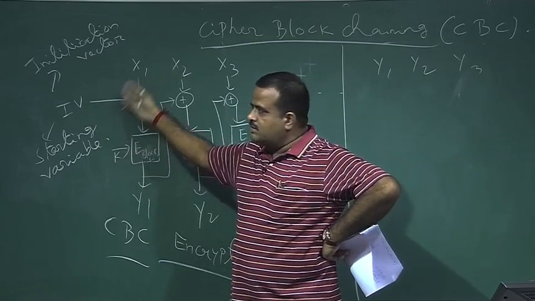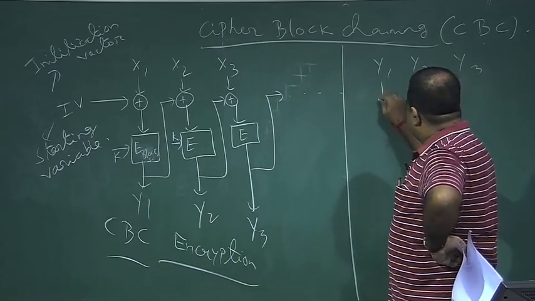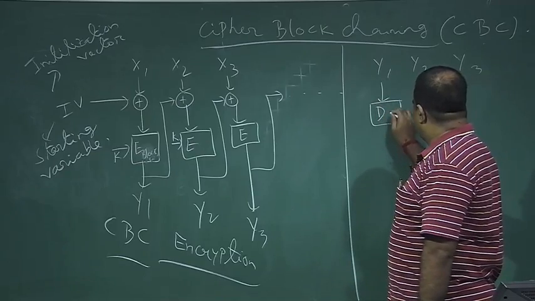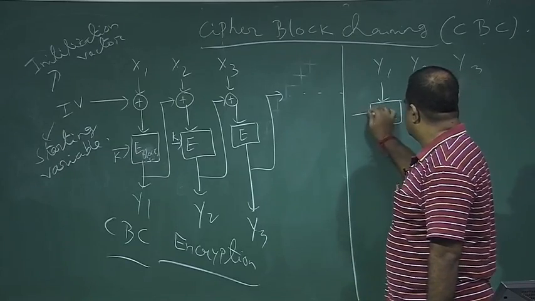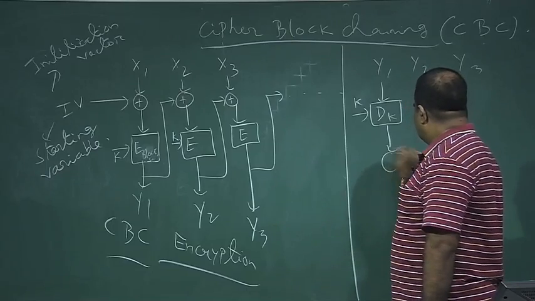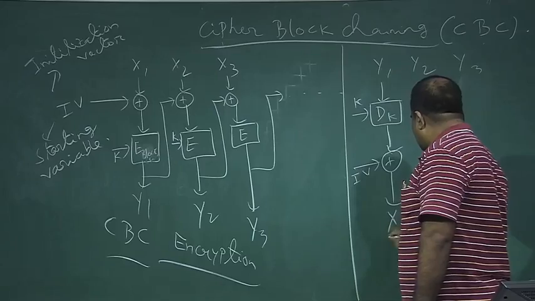So, it will cancel out, we will get the x1. So, let us try that. So, we will first decrypt it, D of k using the same k, and this will XOR with this IV for the first block, and this is our x1.